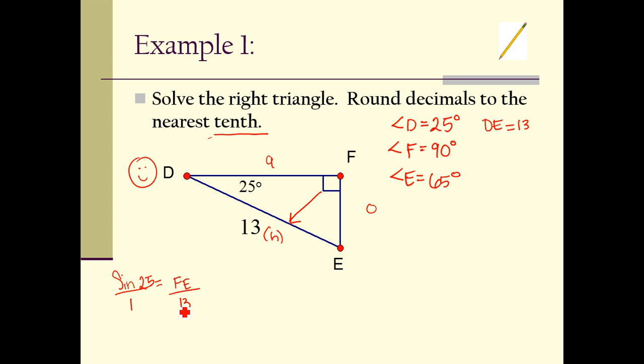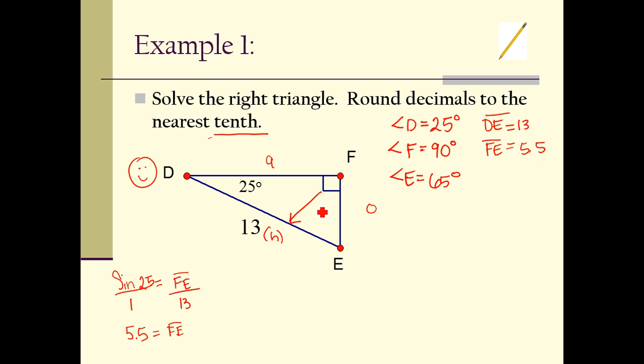So sine of 25 times 13 would be side FE. If I put that in my calculator, I get 5.49. Rounding to the nearest tenth, FE is 5.5.